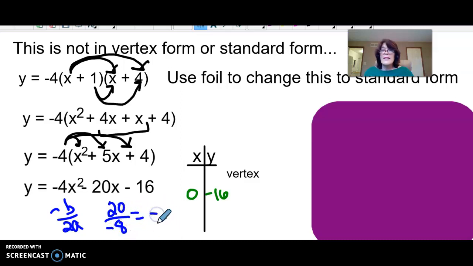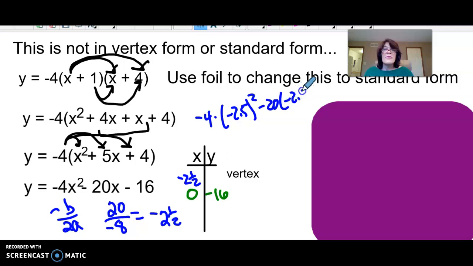So my vertex is at negative... let's see, 8 goes into 20 twice, -2.5. Okay, because this reduces if I divide by 4 to 5 halves. So my vertex is at x equals -2.5. I don't know. I'm going to have to take -4 times -2.5 squared minus 20 times -2.5 minus 16.